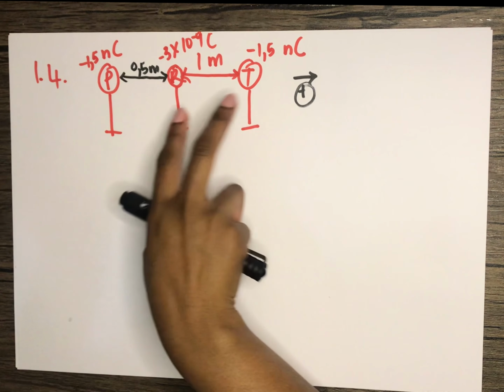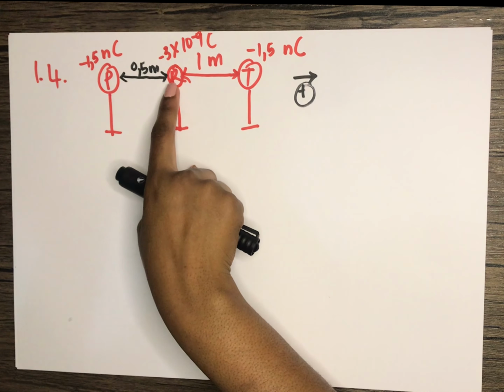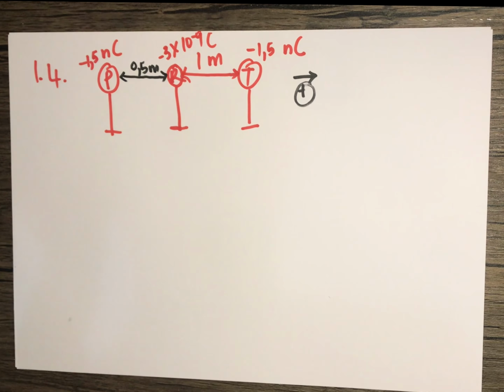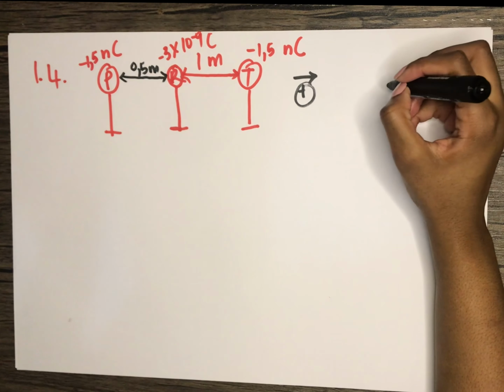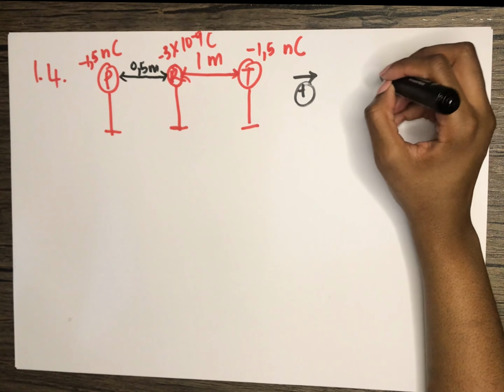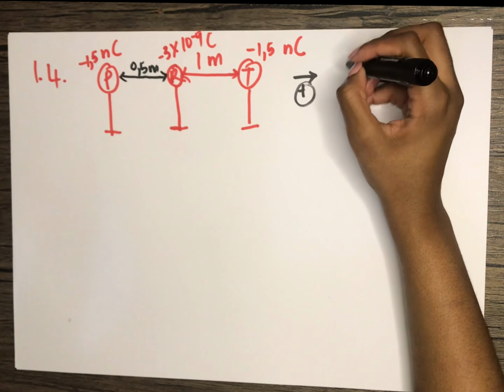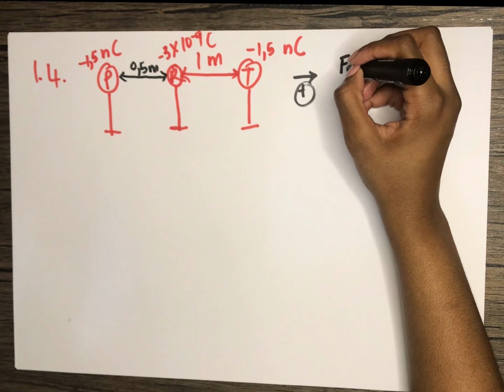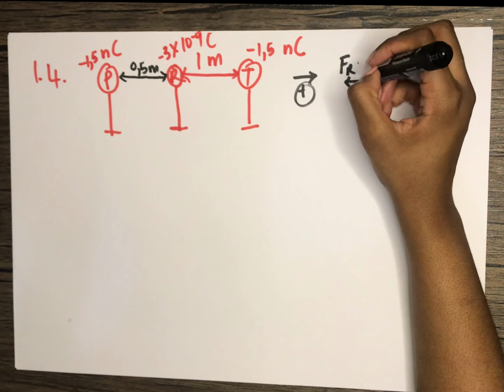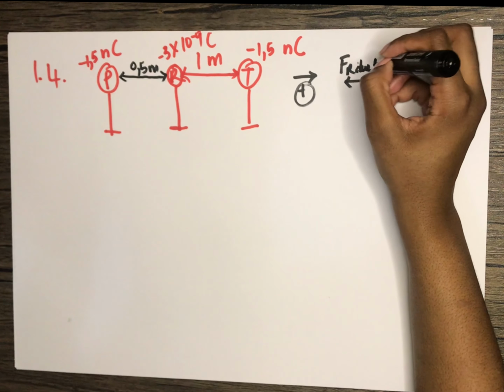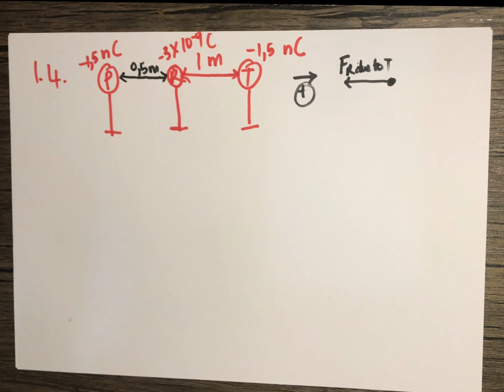So R, since they repel each other, is going to move to the left. So if I draw now my free body diagram, the force experienced by R due to T is going to be towards the left.